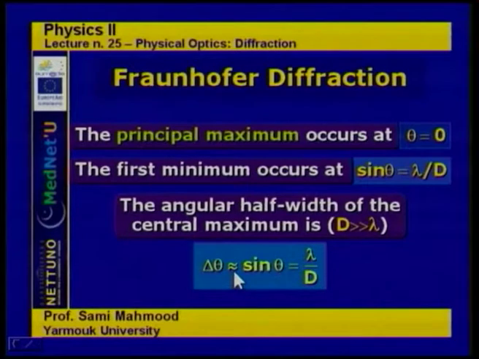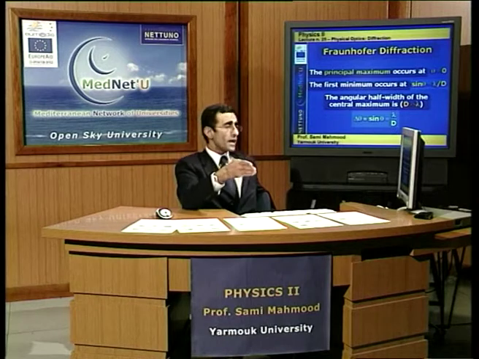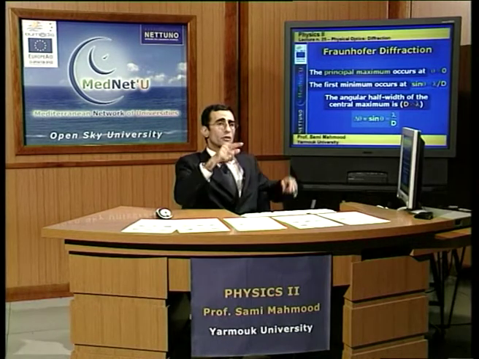This angular spread, or angular half width, is simply equal to lambda over d. So the central maximum spreads to an angular position of lambda over d to the right and minus lambda over d to the left. The total width of the central maximum is 2 lambda over d, but the half width is lambda over d. That's the angular spread of the central maximum.